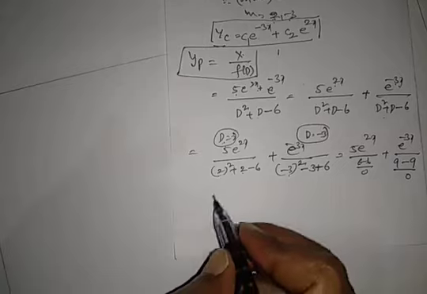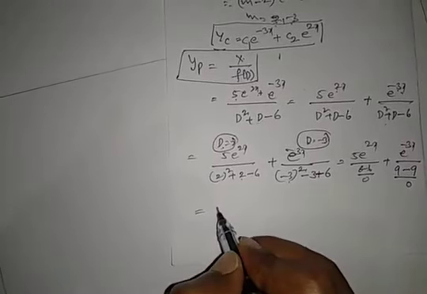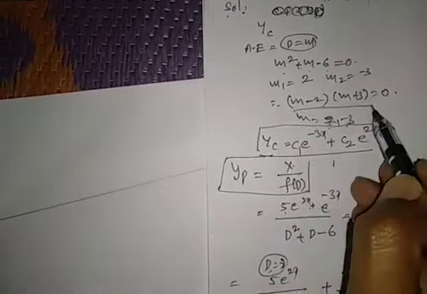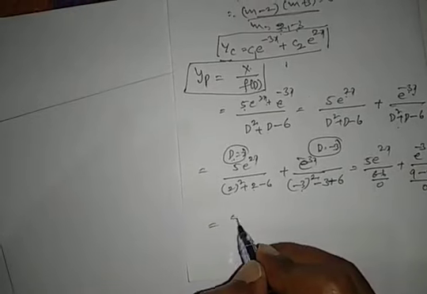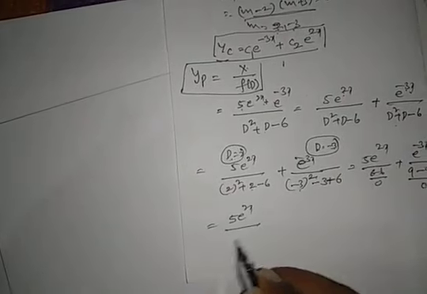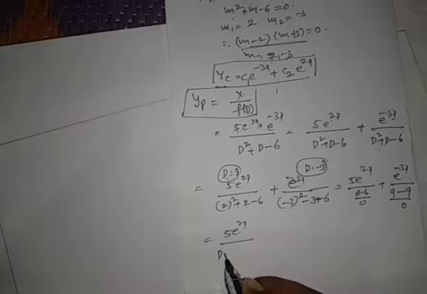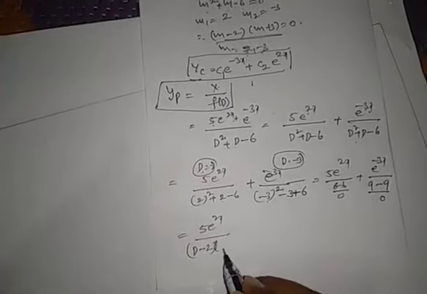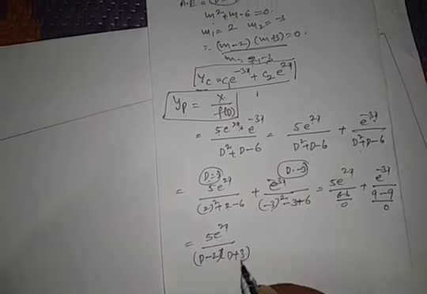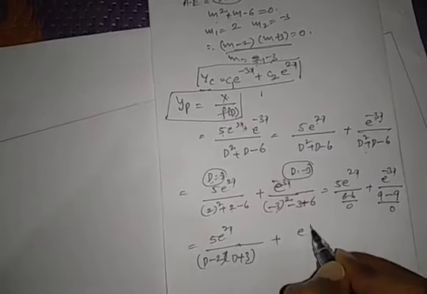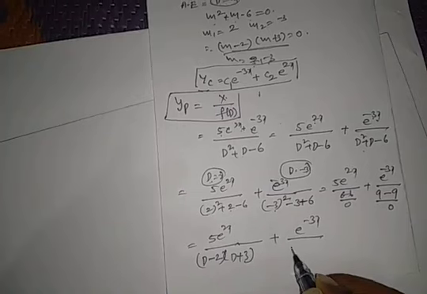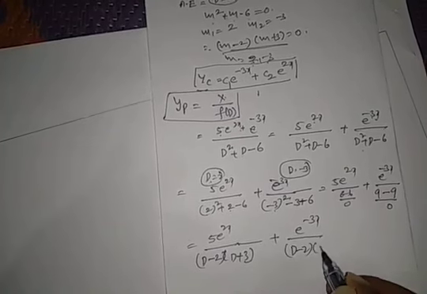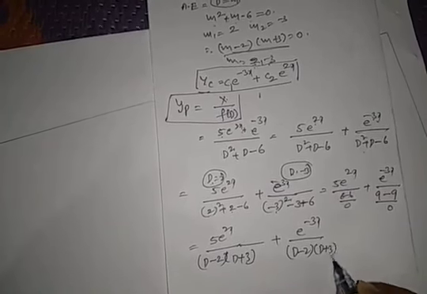So here we have to write in factors form. This is the factors form: 5 e to the power of 2x by (D minus 2)(D plus 3) plus e to the power of minus 3x by (D minus 2)(D plus 3).